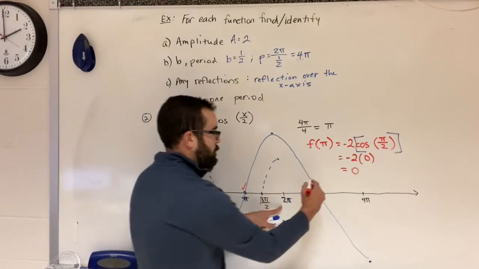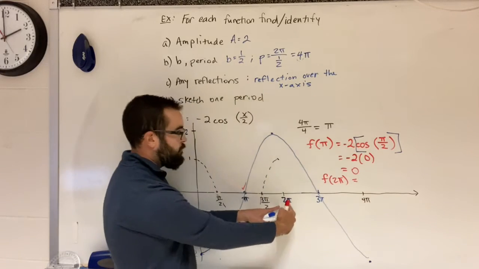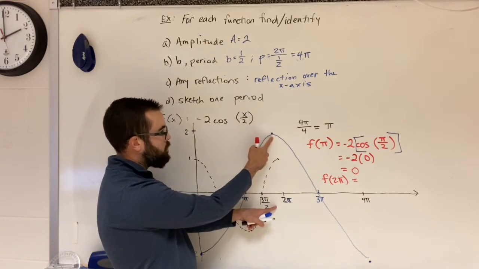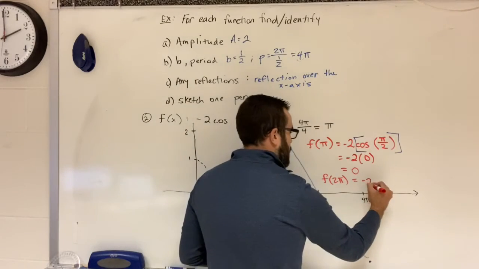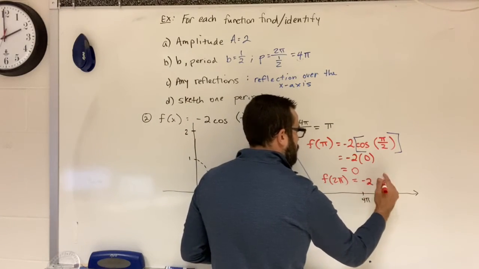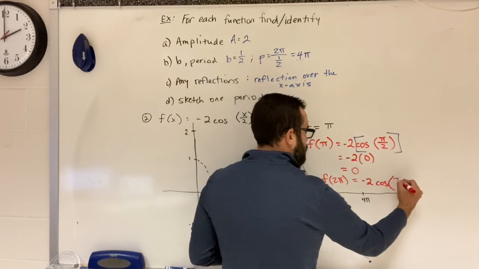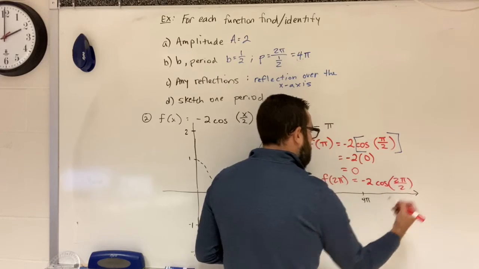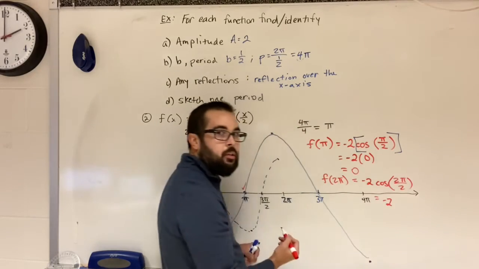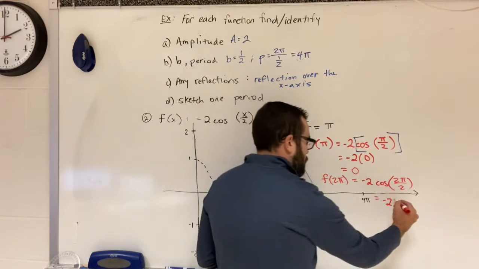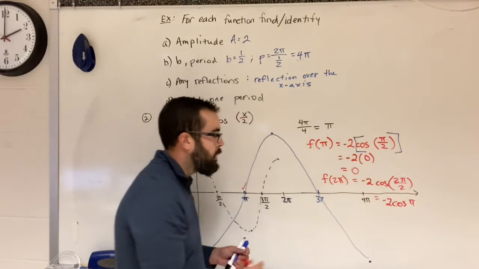Let's do f of 2 pi. f of 2 pi should be 2 if our graph is correct. So let's see if that happens. So we get -2 cosine of 2 pi divided by 2. Well, that is equal to negative 2 times cosine of pi. 2 pi divided by 2 is just pi.